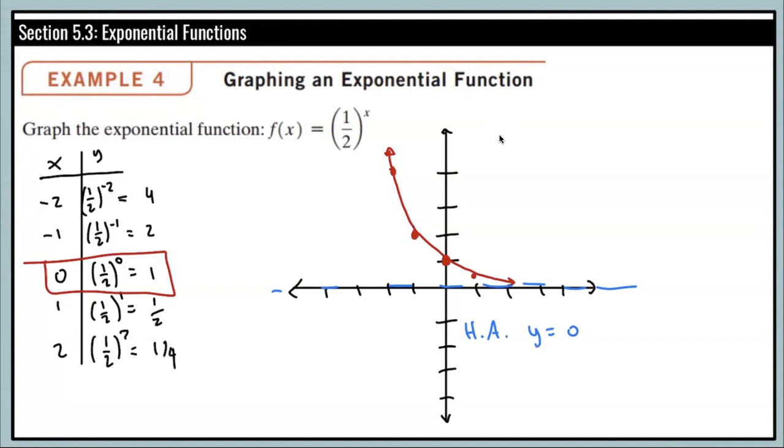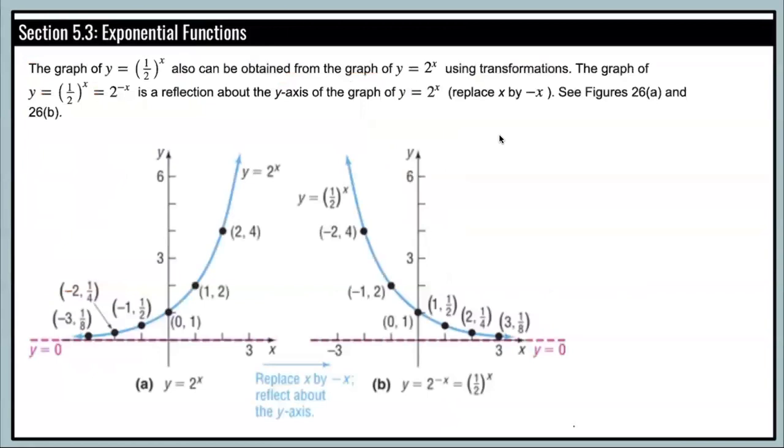Pretty straightforward. If you look at this slide, it kind of explains in detail what happens. So originally we drew y = 2 to the x. And then what you'll notice is if you were to do the -x, so we graph y = (1/2) to the x, right? So you can rewrite 1/2 as the same thing as 2 to the -1.